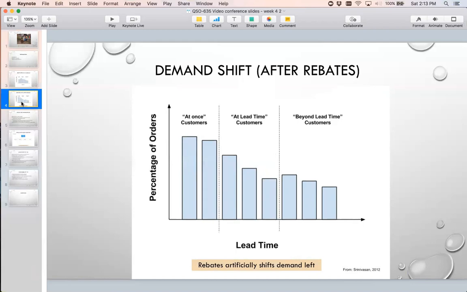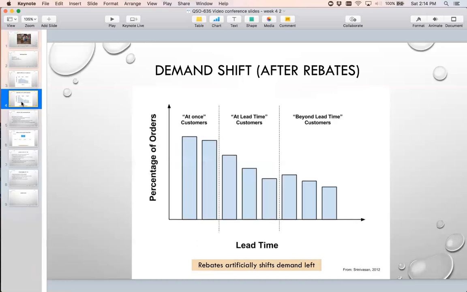Now, in a push system, if you have the inventory and your forecasts are accurate, which is key, that could be a good strategy. But if you're in a pull system where you're trying to match your demand to your production, rebates cause artificial shifts in demand, which can be very difficult to track.